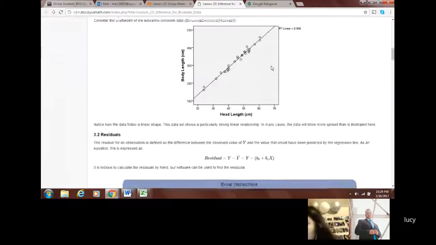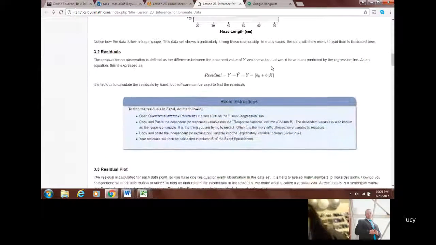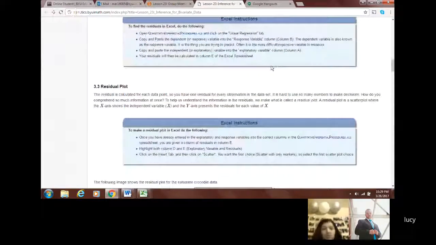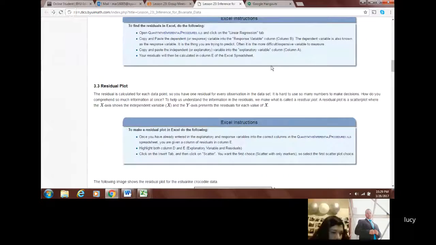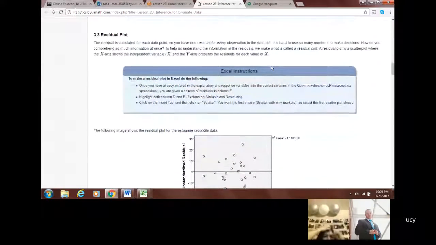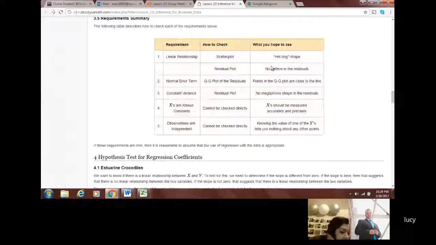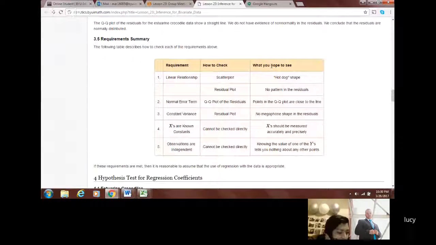For the requirements, or the assumptions, I guess, is what the book called it. It says for a linear relationship, you check it by creating a scatter plot, then a residual plot.